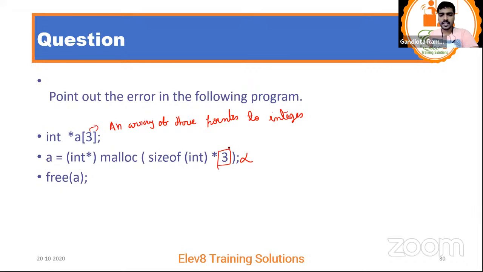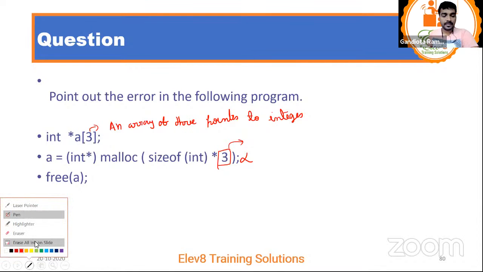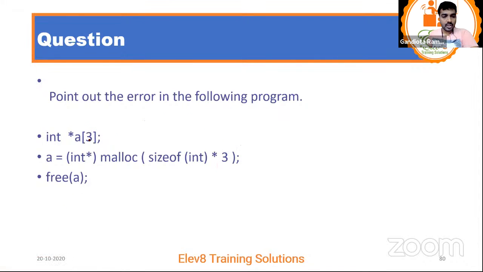What is it meaning? ఒకవేళ ఈ స్టేట్మెంట్ లో ఇలా లేదు అంటే, then it is right ma. If you didn't mention the 3 here, then it is right. But here you have already created 3 integer pointers. Again why are you going to create 3 integer pointers to the a?